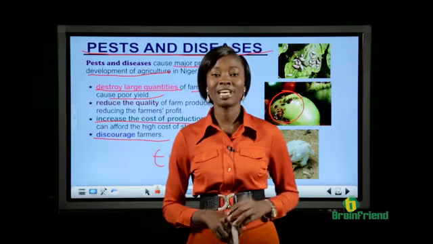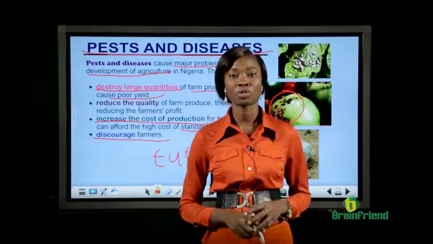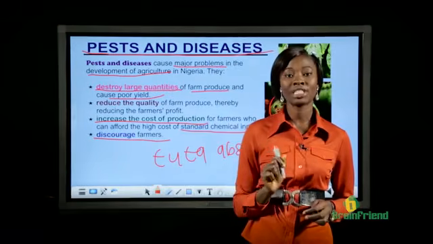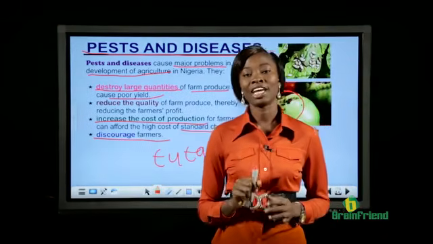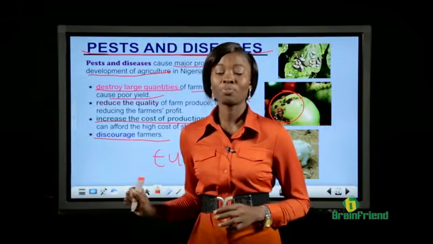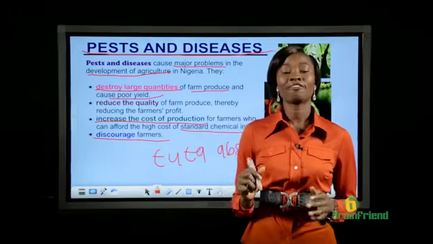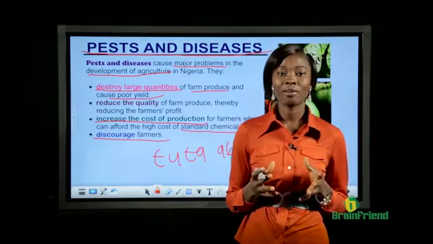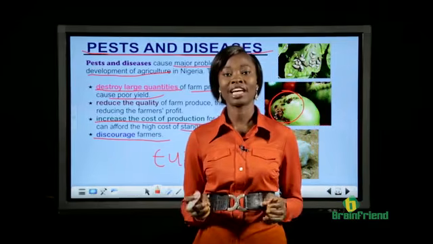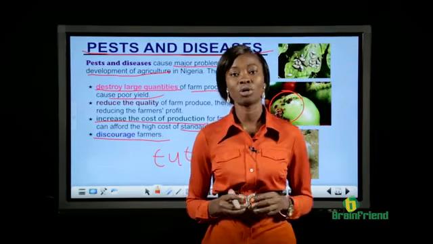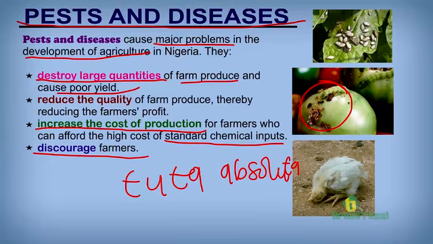The effects of this pest damaged a lot of tomato crops, causing a general shortage of tomato in Nigeria. Now, this is because Nigeria could not afford the required pesticide to tackle the effects of these pests. Pests and diseases can cause more problems in agricultural development.